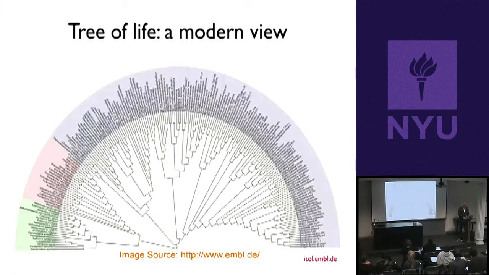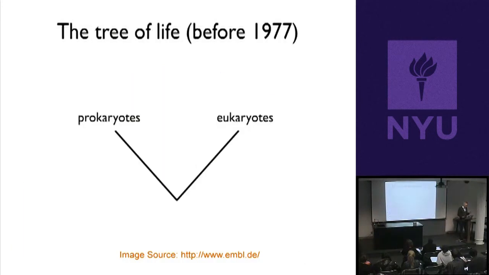Okay, so what's interesting about what DNA has done to the study of the history of life is that in very recent time, in my lifetime, not in your lifetime, a completely new branch of this tree of life was discovered. As I've told you before, one major division of all living things is between prokaryotes and eukaryotes.